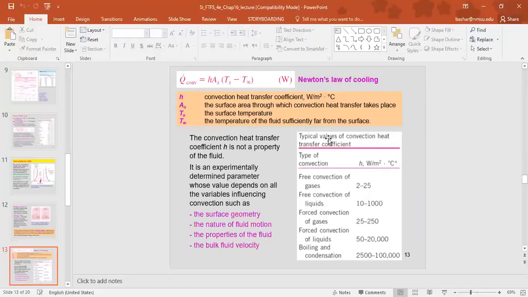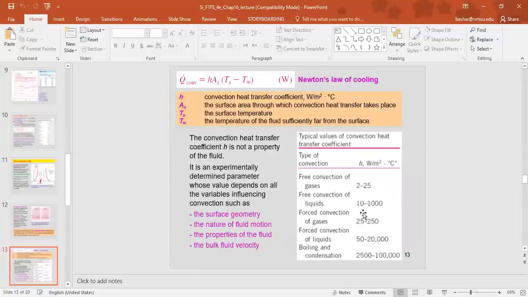Typical values of the convection heat transfer coefficient in general depend on the type of convection, whether it's free or forced convection, whether it's for gases or liquids, or whether it's boiling and condensation, which is convection when a phase change is involved. The h value for free convection of gases is in the range between 2 to 25.